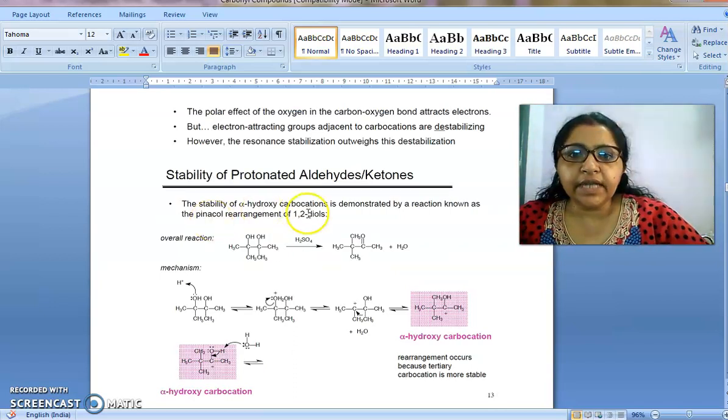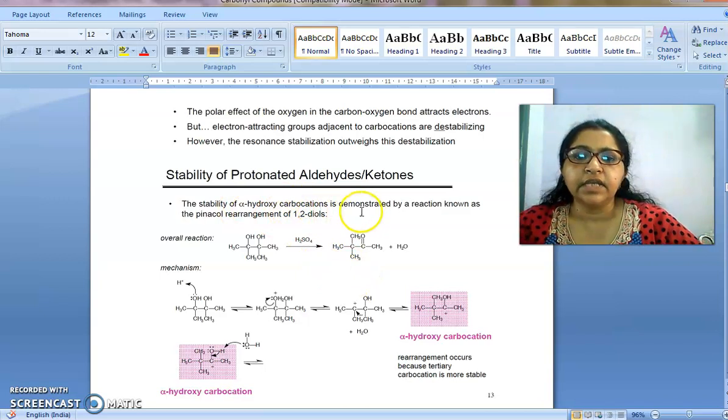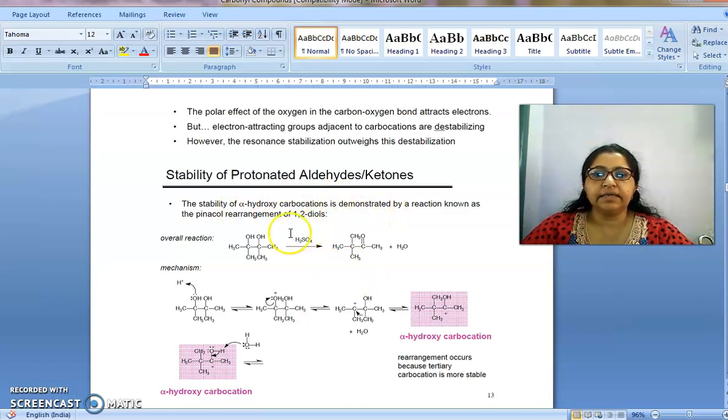Stability of protonated aldehydes and ketones. Supposing you have an alpha hydroxy carbocation, you have already learned about this. That is the pinacol rearrangement. We have taken a pinacol and it has been protonated, and this water molecule leaves, and this becomes a tertiary carbocation.